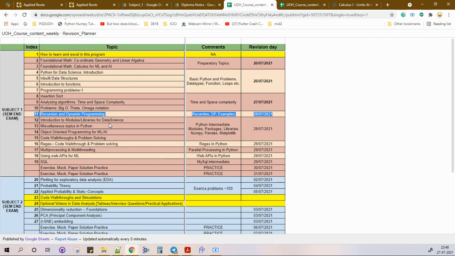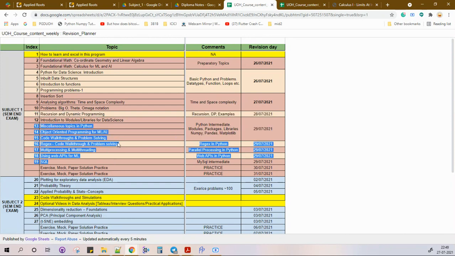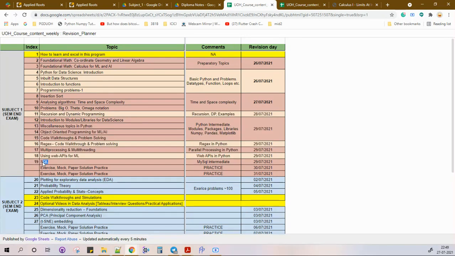Today is Tuesday, then Wednesday, Thursday, Friday. So recursion, then SQL, actually basically not regex. We will cover it, it is related to coding.